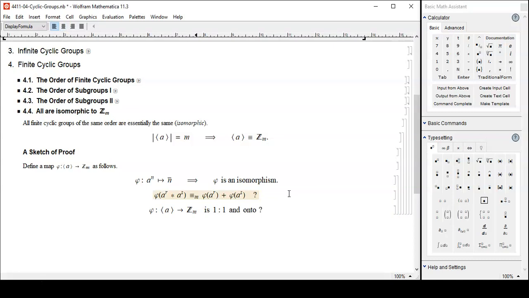Is phi an isomorphism? In other words, does it preserve the group operation? The group operation in G, the cyclic group, versus the group operation for Zm. So addition modulo m, you have to check that. And then one to one and onto.